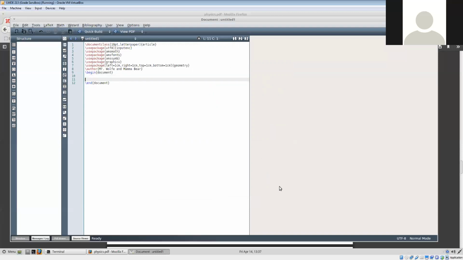All right, so let's do some basic equations. I'm going to do a begin equation environment, and then let's do some stuff that would require a derivative.